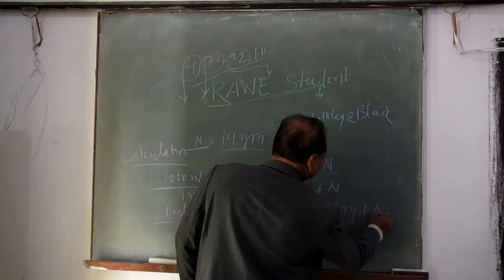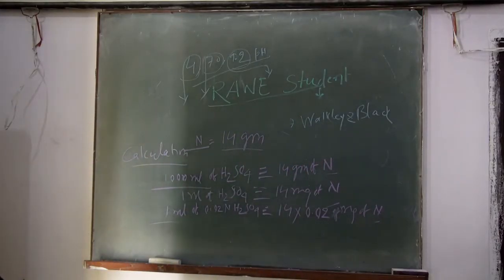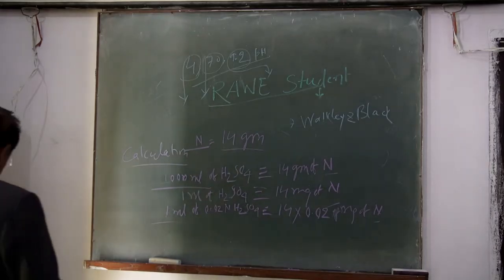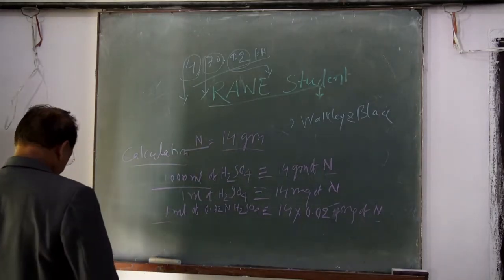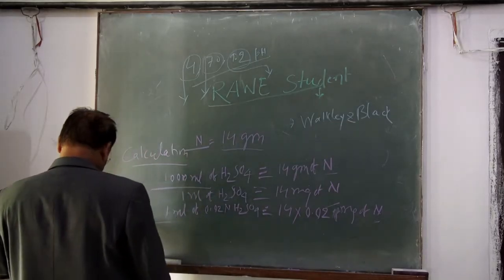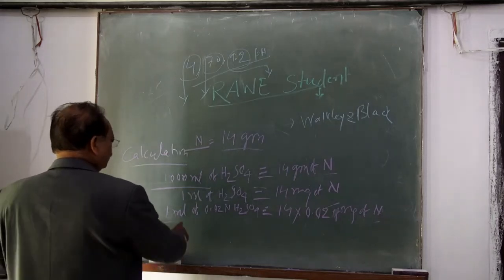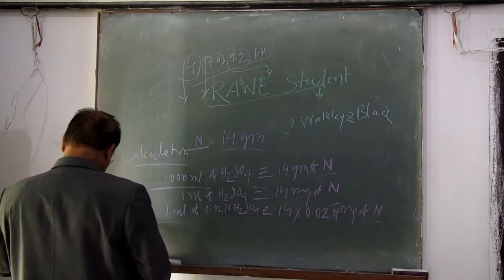Milligram of nitrogen. Okay. One ml of it.